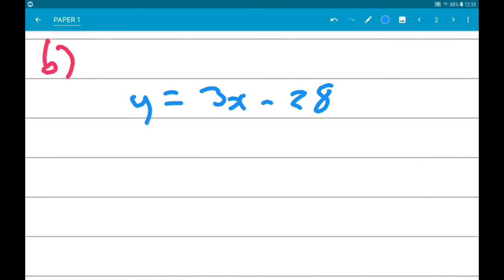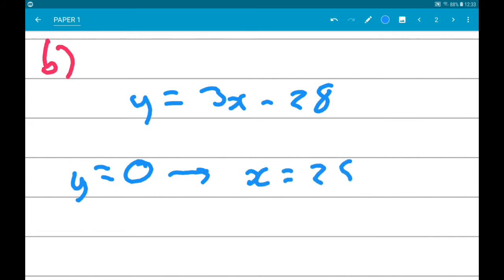So, y equals 0 would give us 3x is 28, so x is 28 over 3. Now, 28 over 3 is just bigger than 9.